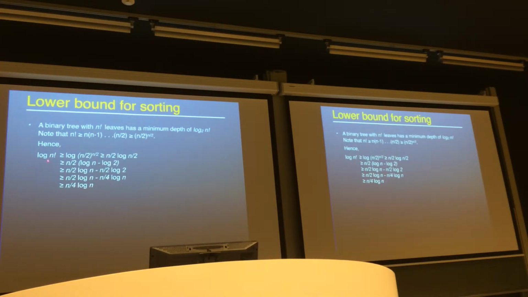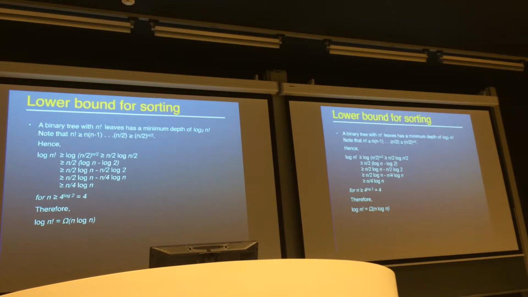So we know that log n factorial, for n larger than 4 to the power log 2, is 4, is equal to n log n.